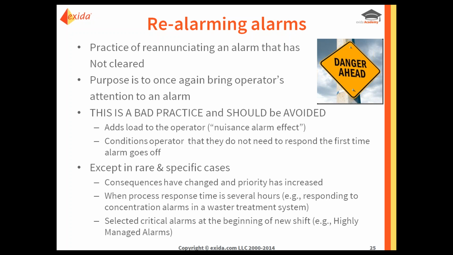It's getting worse pretty quick. So that's one scenario. Another scenario is when the process response time is quite long, say on the order of several hours, where the time from when the operator initially responds to when the process should correct itself is quite long. That's when re-enunciation or re-alarming might also be helpful.